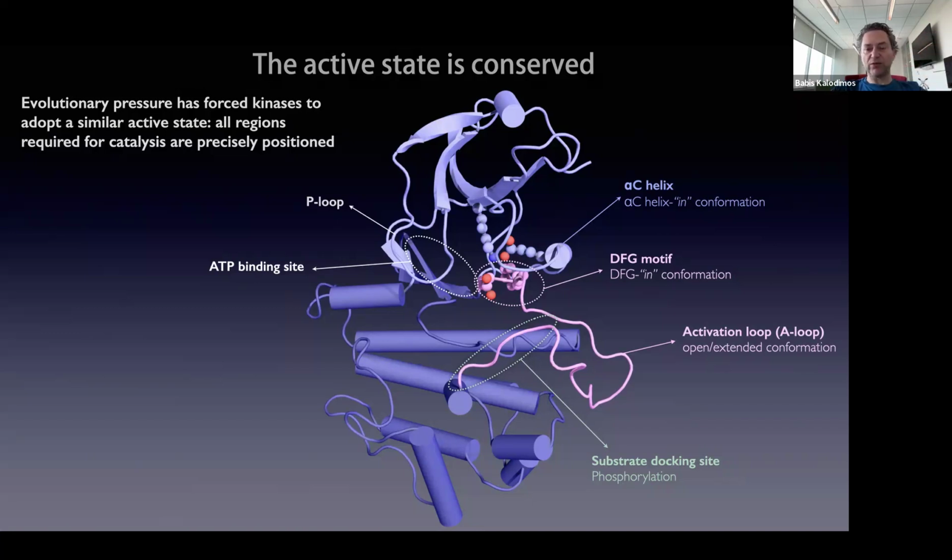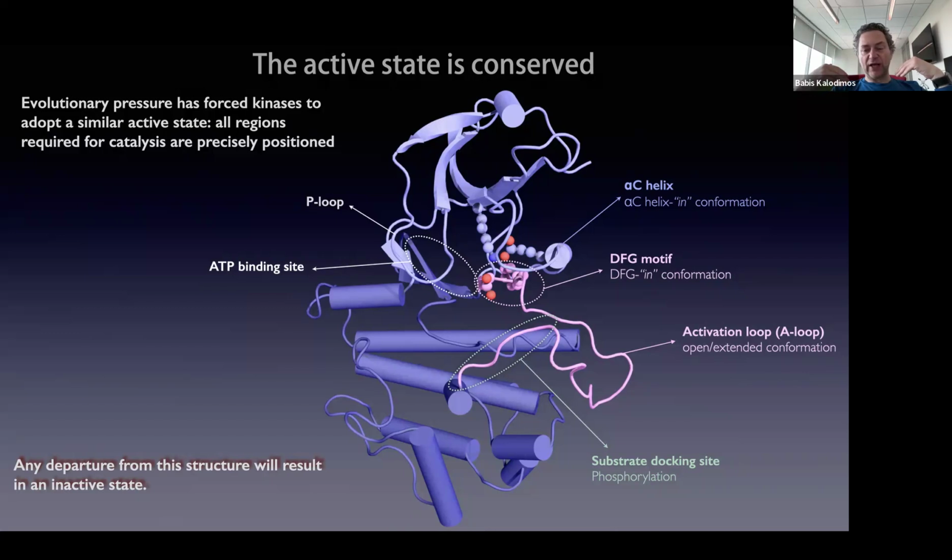So anyway, going back to the structure, because of evolution you have a very, very similar active state. And any departure from this structure will result in what we call an inactive state. Of course, kinases are designed to adopt both active and inactive structures, because active structures should only be adopted when the kinases are supposed to phosphorylate.